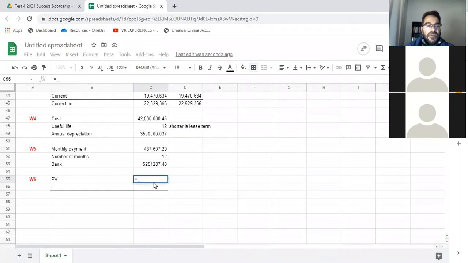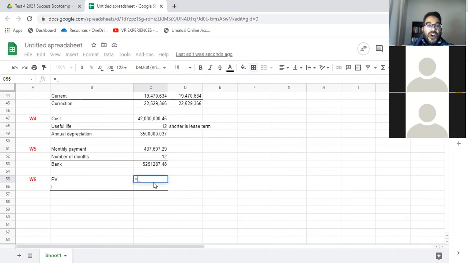So what is the beginning of the year? We're working out interest for the year ended 30th June 2019. So the beginning of the year is 1 July 2018, and the end of the year is 30th June 2019. So when we work out interest for the full year, we use the opening balance for that year, which is 1 July 2018.